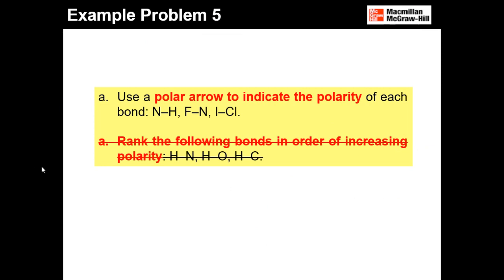How to use the polar arrow? This is the polar arrow. NH, FN, and ICl. Please give me the answer in the Padlet. You have 4 minutes before we stop.